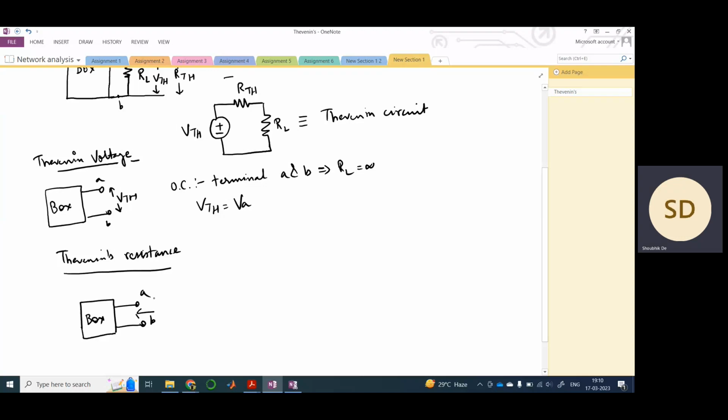While calculating the Thevenin resistance, you need to look into the circuit from terminals A and B, and then calculate what is your RTH.